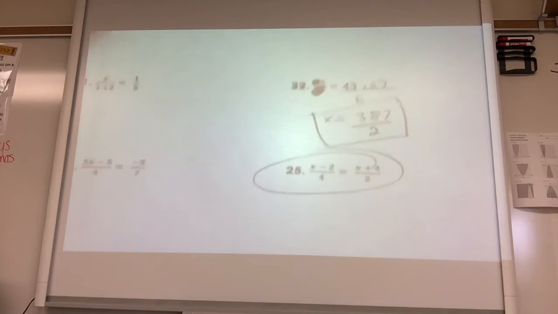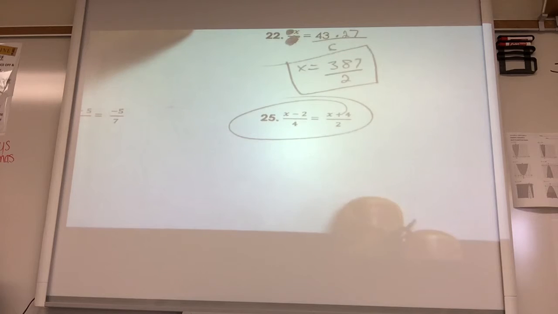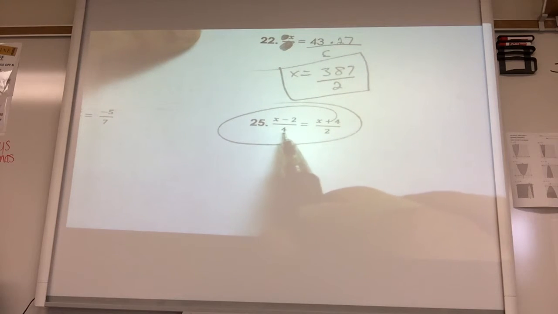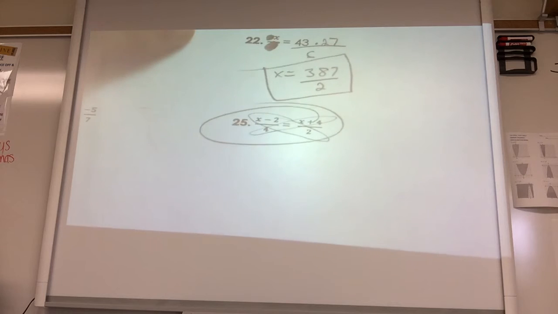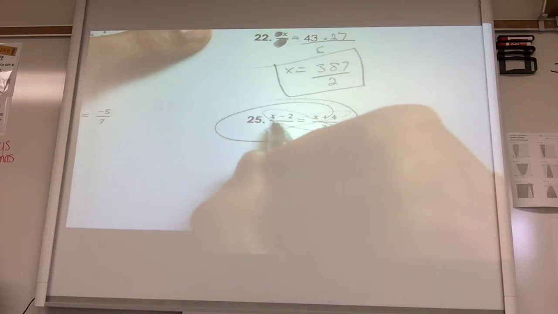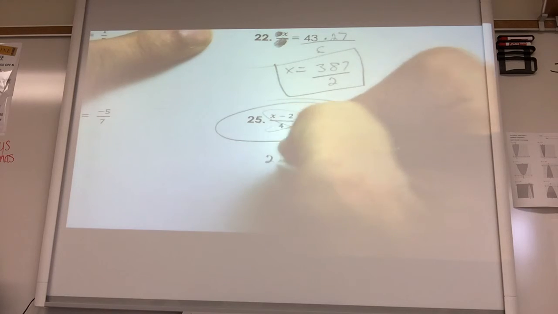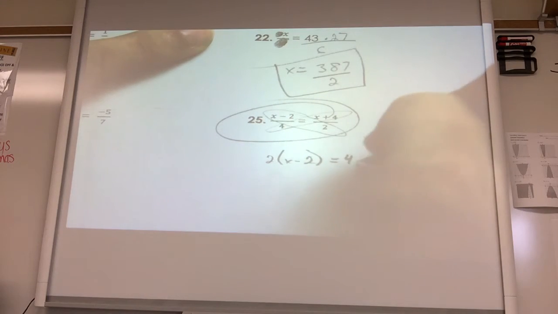This one right here, this number 25, it's actually still pretty easy. What I would recommend doing on this one is, the easiest way to understand it, I'd just cross multiply. There's easier ways of doing it, truly, but not to explain. So if I cross multiplied, I'd have 2 times x minus 2 equals 4 times x plus 4.